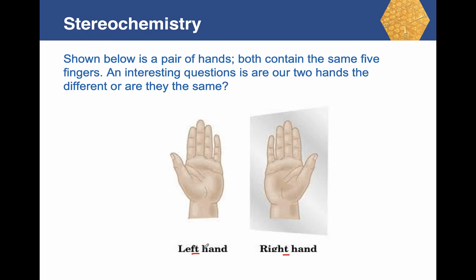One test that can be done is, in the winter time, if you put your left hand glove on the right hand, it does not fit. And if you put the right hand glove on the left hand, or vice versa, it does not fit.